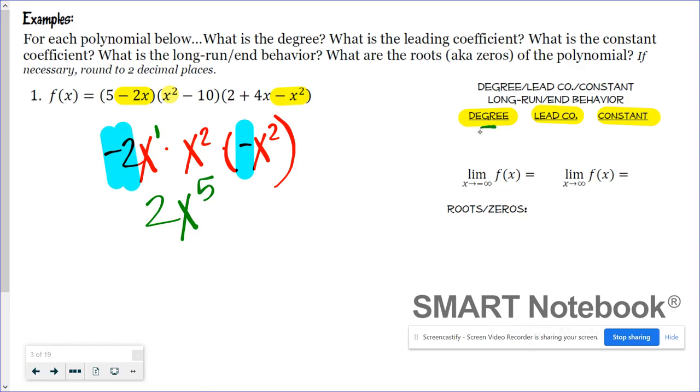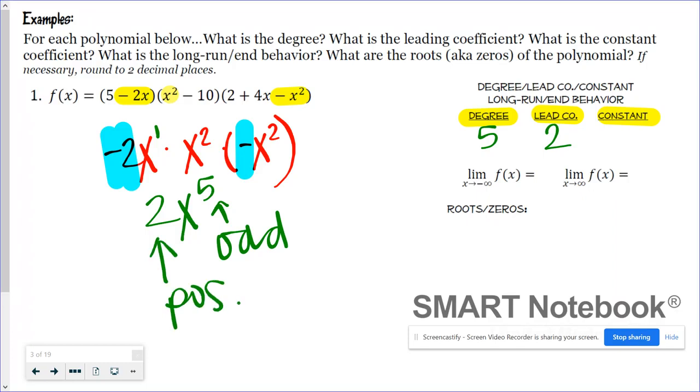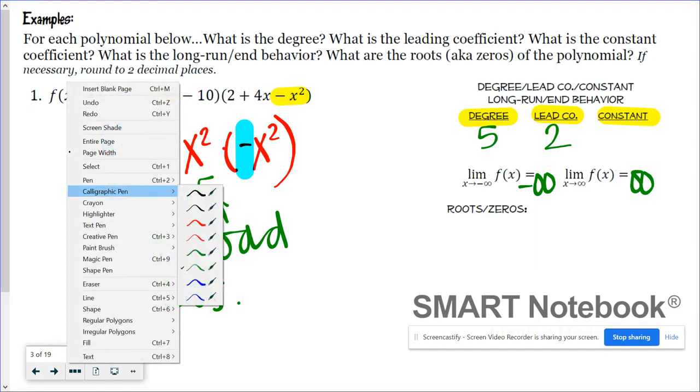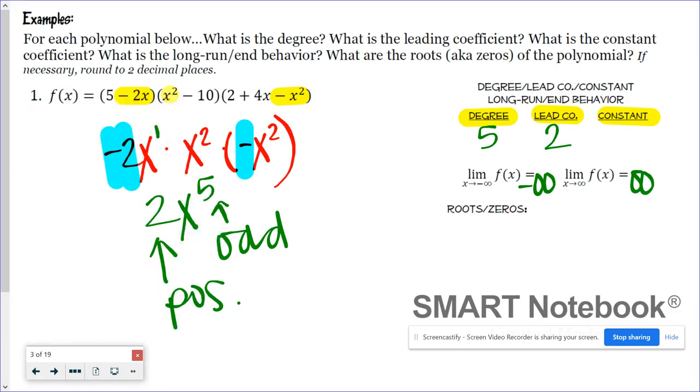So we're looking at a degree 5 polynomial. The leading coefficient is 2.